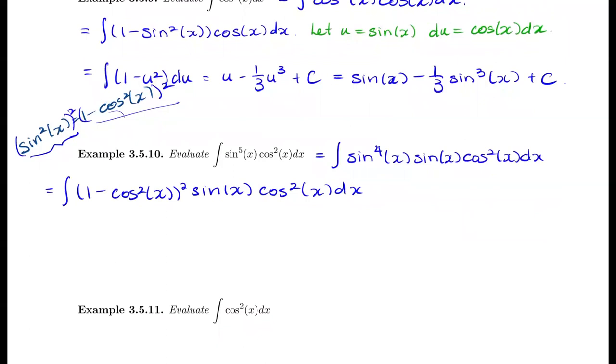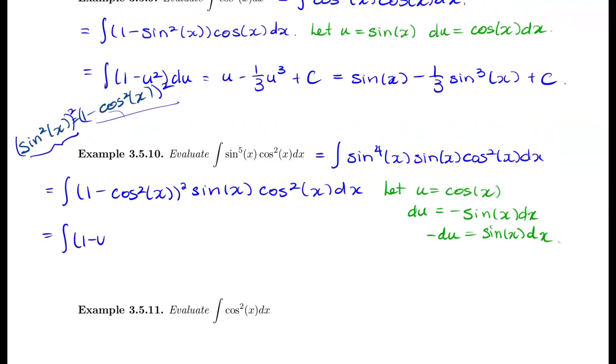So now we could apply a substitution here. I'm going to say let u equal cos of x. Then that means du is going to be negative sine x dx, or negative du is sine x dx. So applying the substitution, we would get 1 minus u squared, multiplied by another u squared, and we would have a minus du here.